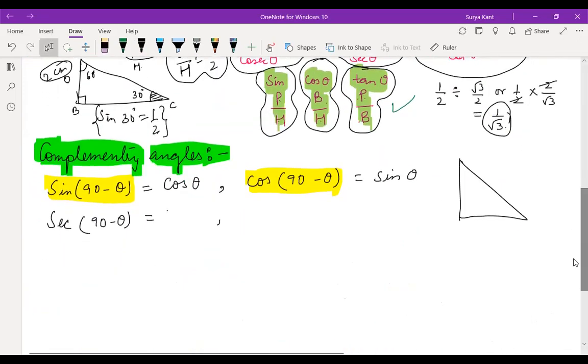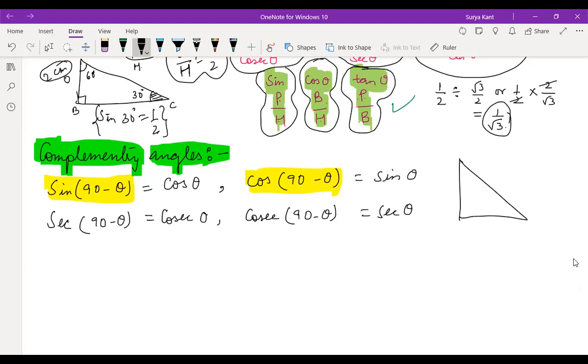So you should not confuse between complementary angles and reciprocal. The reciprocal of sec theta is cosec theta, and the reciprocal of cosec theta is sec theta.